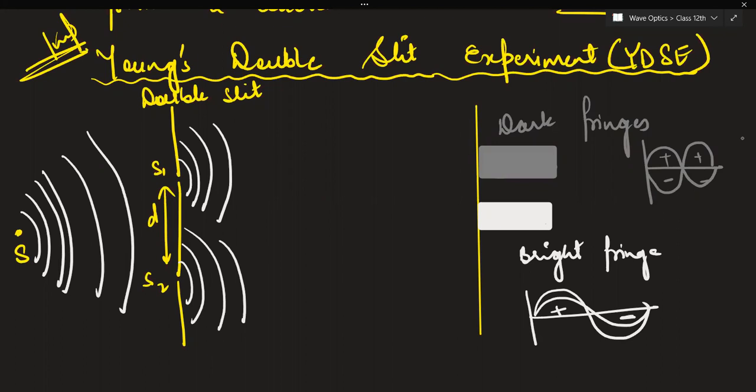Then you put a laser light or any kind of light, and you'll observe the same dark and bright fringes. Some students who take investigatory projects in class 12 perform Young's double slit experiment as well, so you can perform it too. Even if you cover the comb, two fine slits will be there.